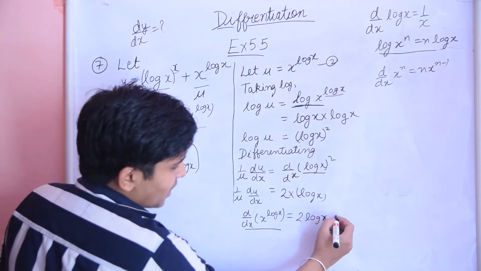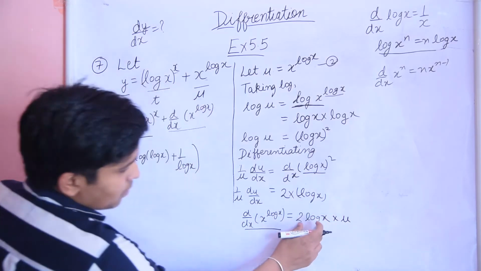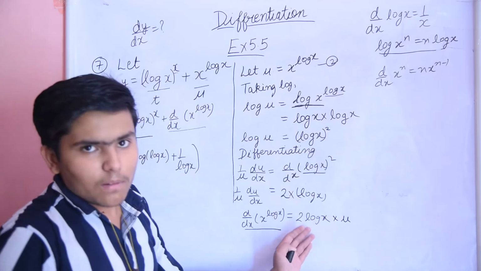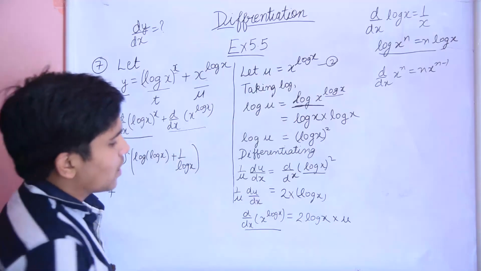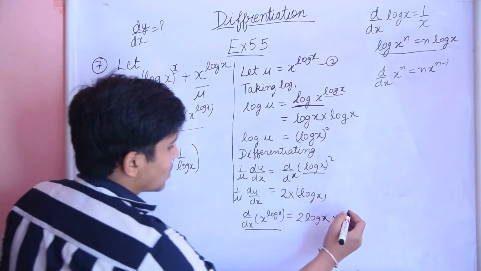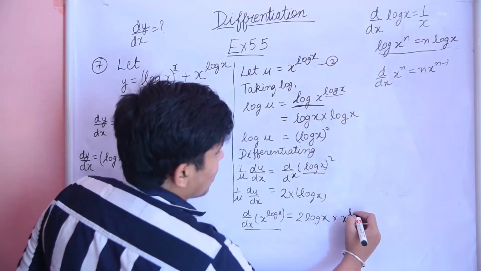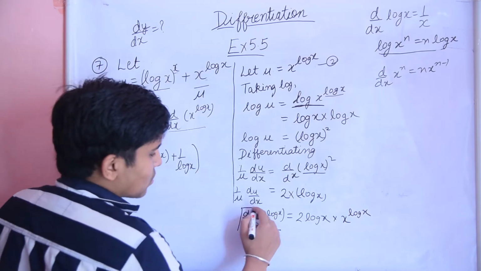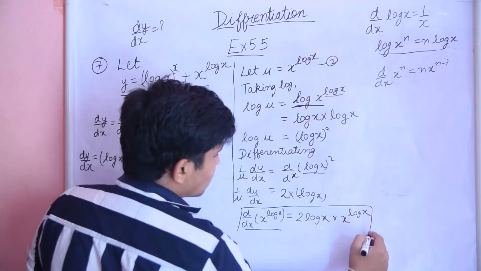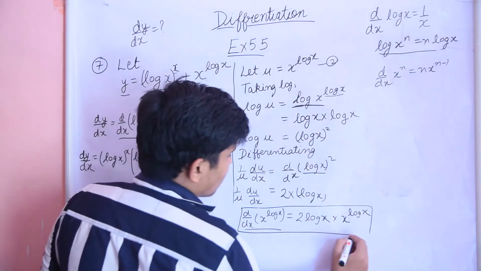So after shifting it would be like 2 log x into u. So putting the value of u here, which is x raised to log x. Okay, so this will be the differentiation of our second function.